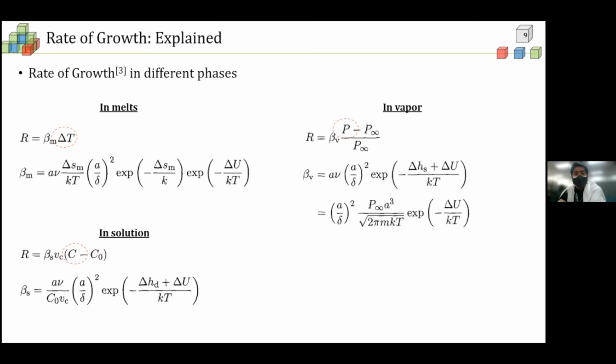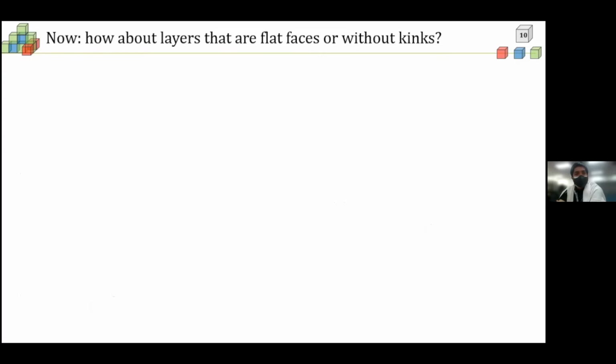Okay. Now, the question is, how about those layers that are flat, or let's say very ideal crystals without kinks? I mentioned that in very low supersaturation solutions, you need to have a 2D nucleation first.